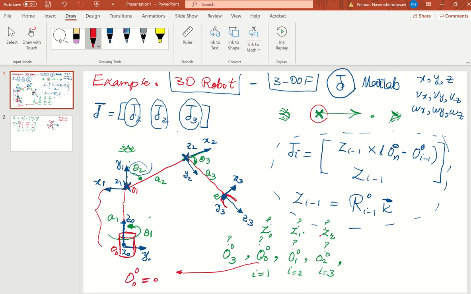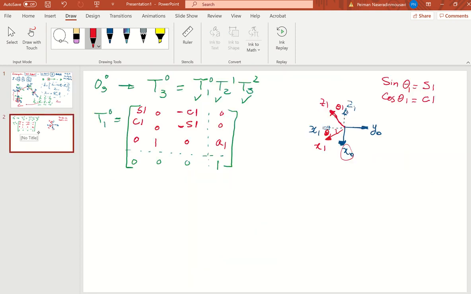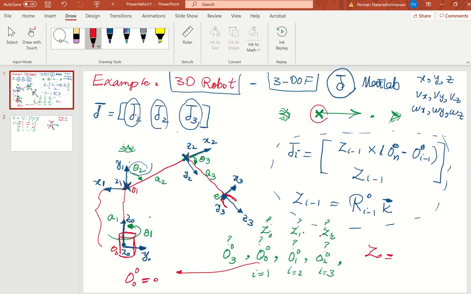And Z0 is the rotation matrix of 0 with respect to 0 times k, which is R0,0 k, which is 0, 0, 1.